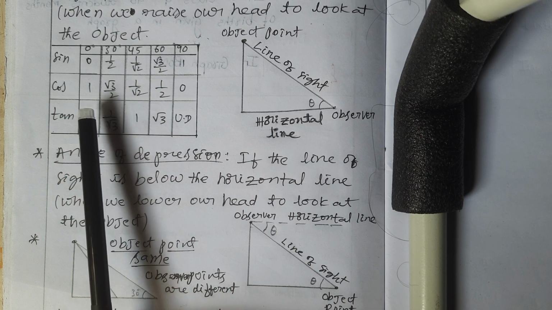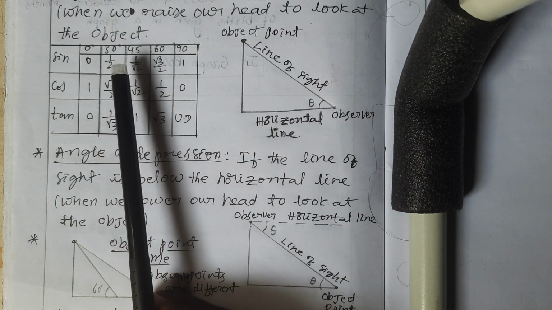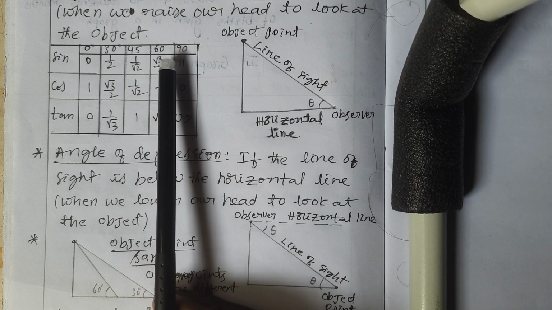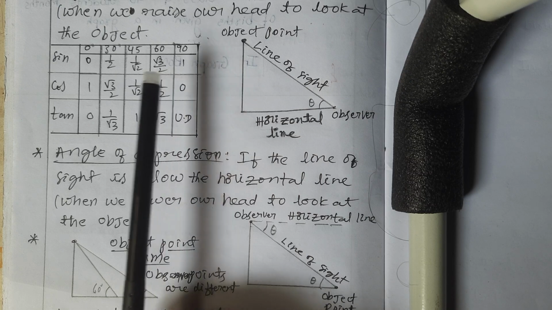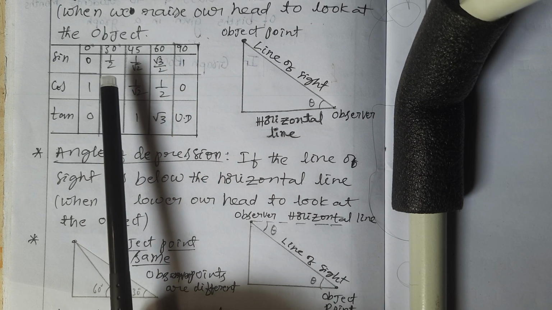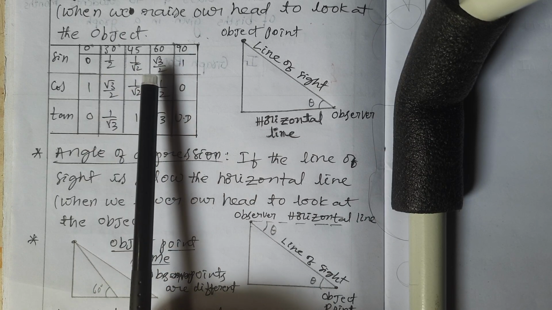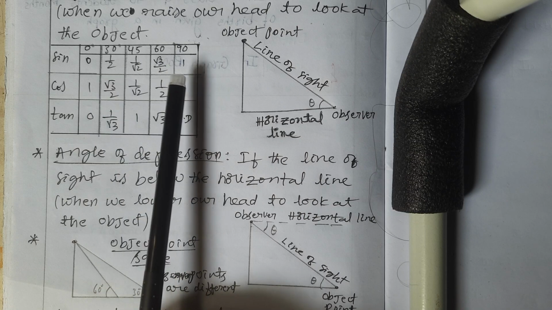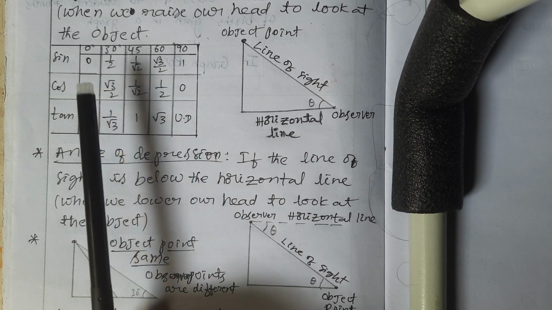Sometimes sine also, rarely cos. The angles 0, 30, 45, 60, 90 degrees are given in our syllabus. Sine 0 is 0, sine 30 is 1 by 2, sine 45 is 1 by root 2, sine 60 is root 3 by 2, sine 90 is 1. For cos, just reverse it.